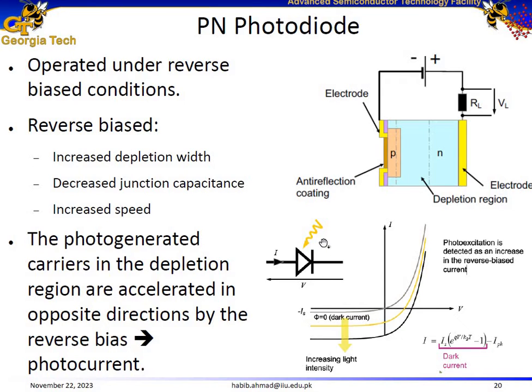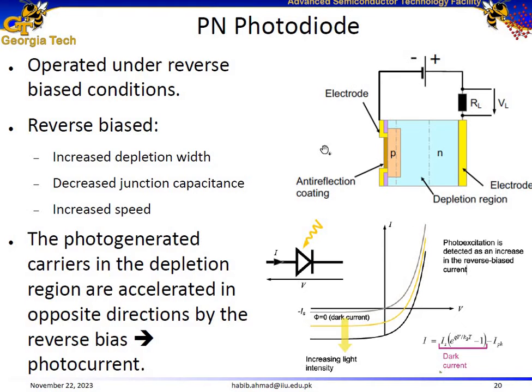Here is the symbol of the PN photodetector, and here are the IV characteristics of the PN photodetector. This gray curve actually represents the IV characteristics of this configuration under dark conditions, under no light.